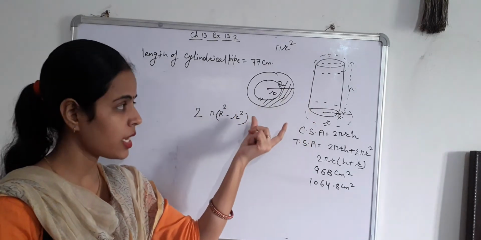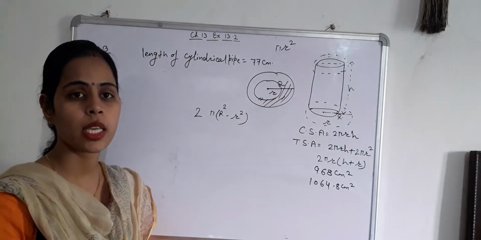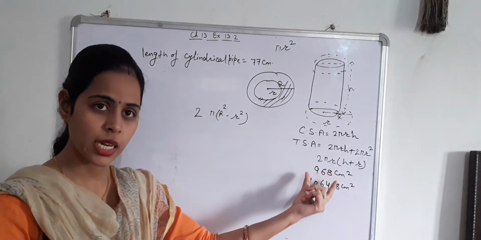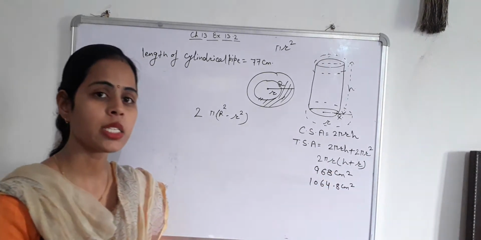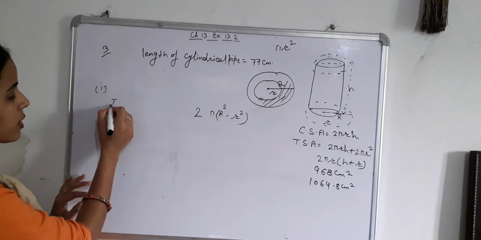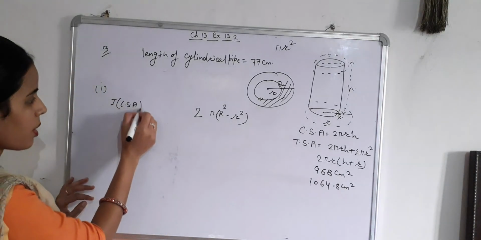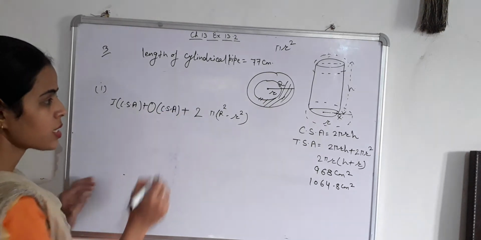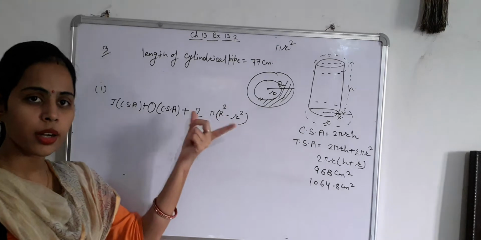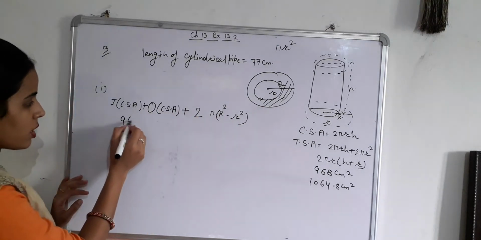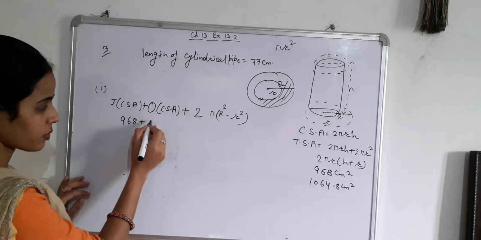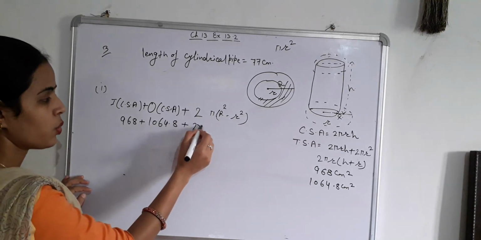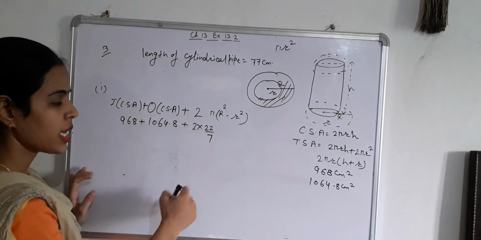For total surface area, also add the covered surface area of the cylinder. We have already calculated the inner covered surface area and outer covered surface area. So inner CSA plus outer CSA plus area of two circular rings: 968 plus 1064.8 plus 2 into 22 by 7.